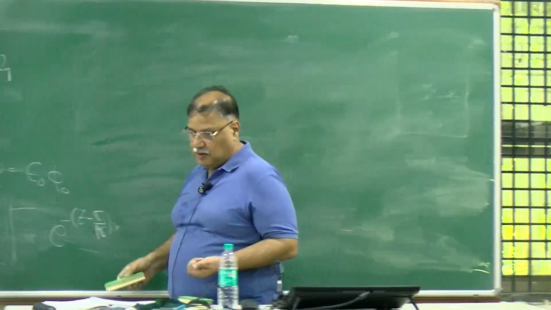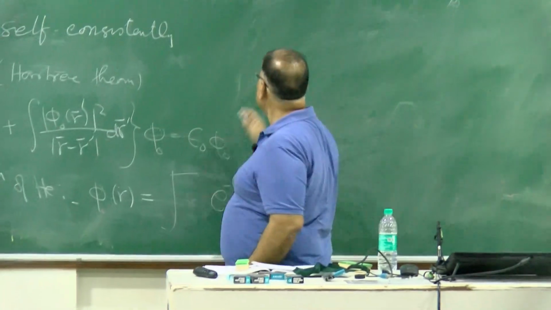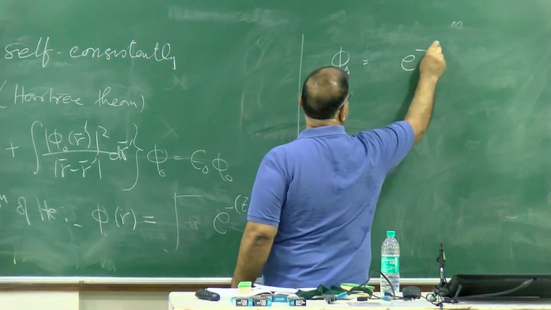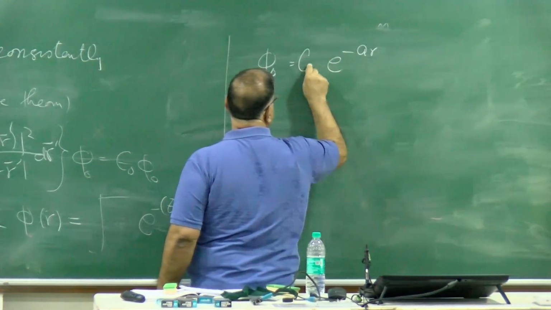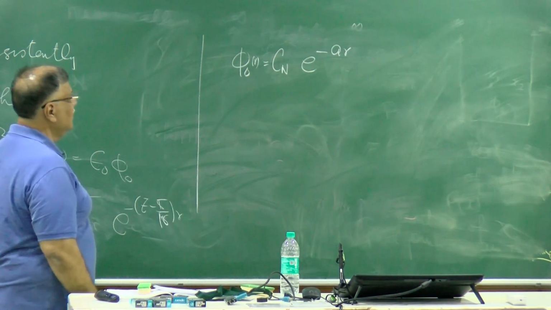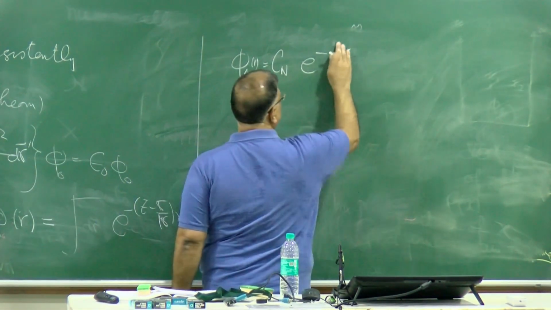So I'll assume that phi 0 is of the form e raised to minus a r, and obviously some normalization constant. A comes with Bohr radius, so let's call it alpha r.